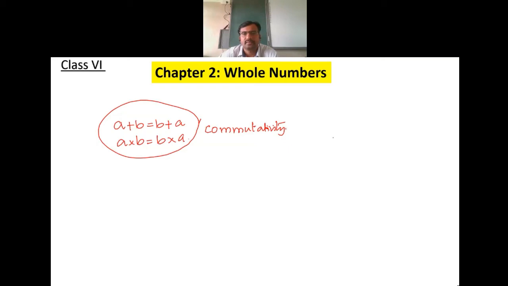Varun is asking a doubt. Sir, commutative property is true under addition and multiplication only? Yes, it is not true for division and subtraction. Any other doubt? Sir, does commutative property work with three numbers? That particular property we call associativity.